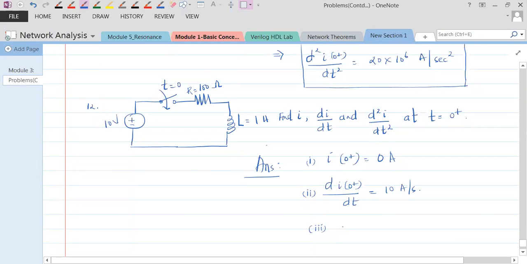The third answer is the second order differential, and this is minus 1000 amperes per second square.